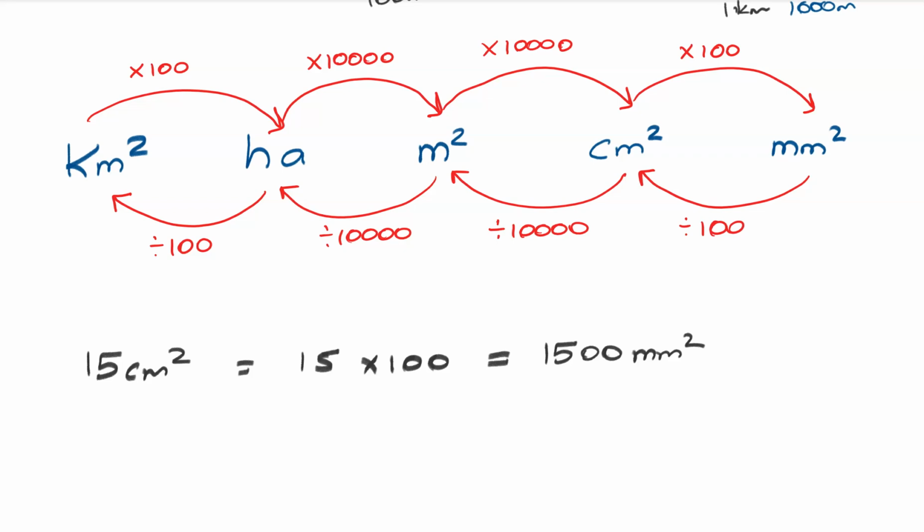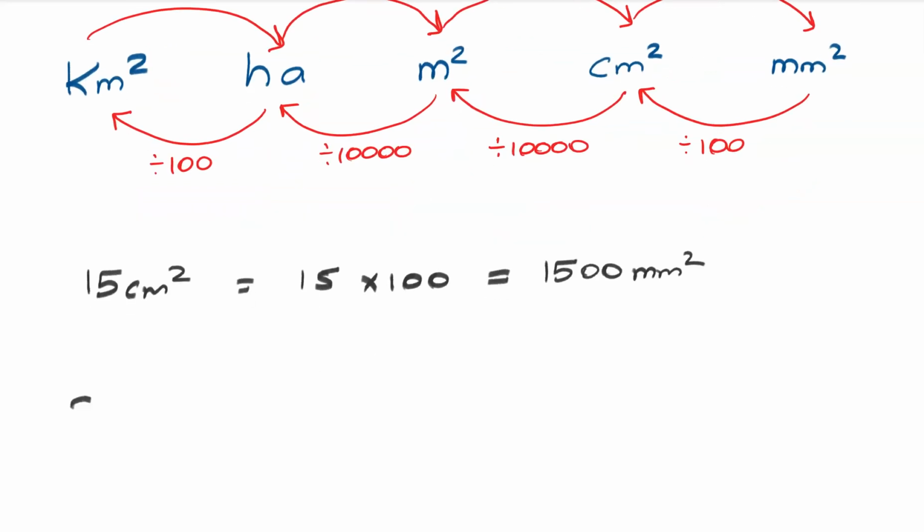So let's just say we wanted to convert 27,000 meters squared to hectares.